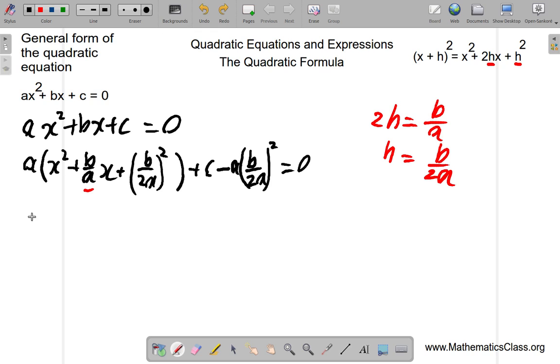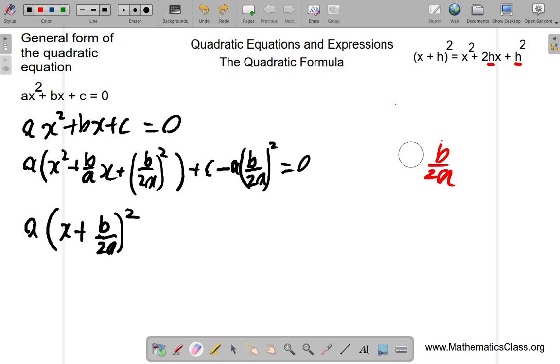So what we're going to do here is say this is a times x plus h squared. So it's x plus, our h is the same as b over 2a, so it's b over 2a, close bracket, squared. Good, you see that? Alright? Now, let's get rid of these markings. Now, what we do here is going to fix this part up.